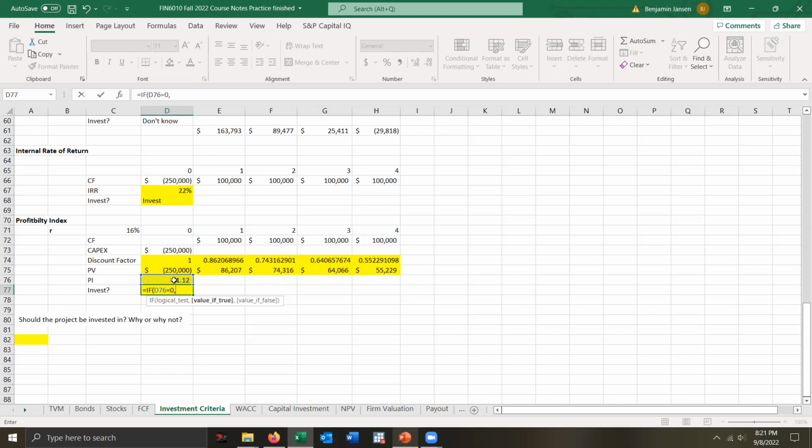All right, so first test, if profitability index is equal to 0, then it's going to be indifferent. If not, we open up our next if statement to get that going. So let's say that it's going to be less than 1. Oh, equal to 1. Yeah, less than 1, equal to 1, not 0.